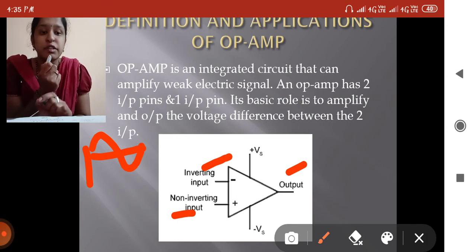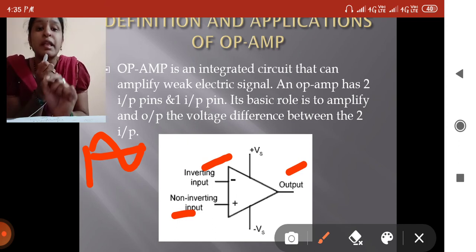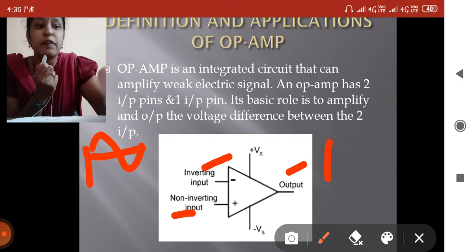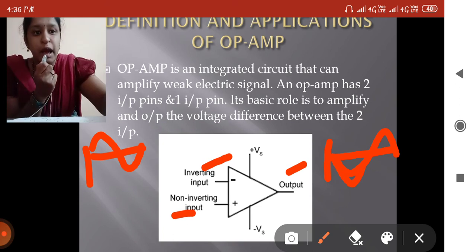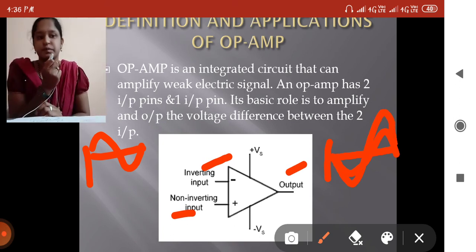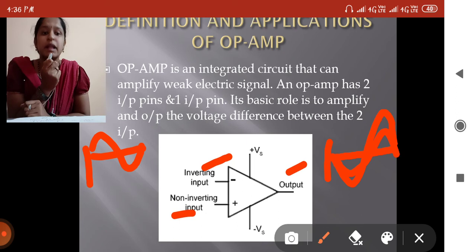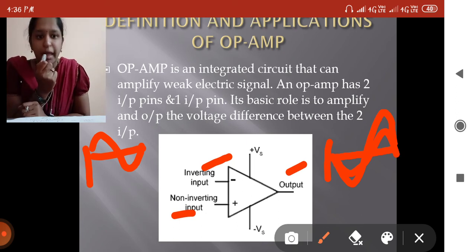If your circuit is at the inverting terminal, the phase will shift by 180 degrees with the high voltage. It is the inverting terminal, pin number 2, and then the non-inverting terminal input.